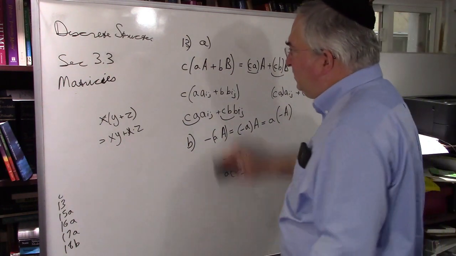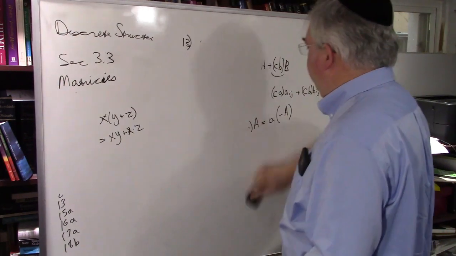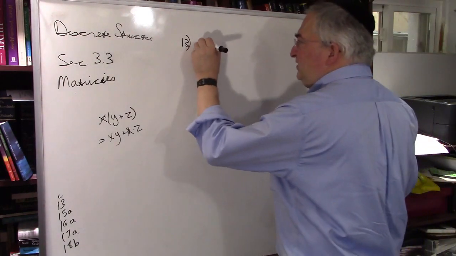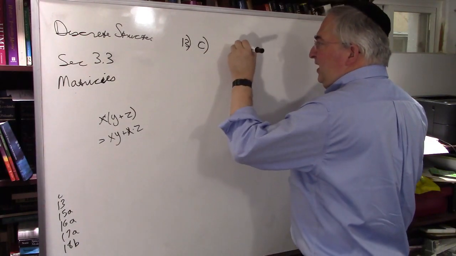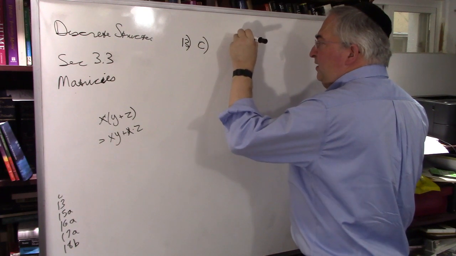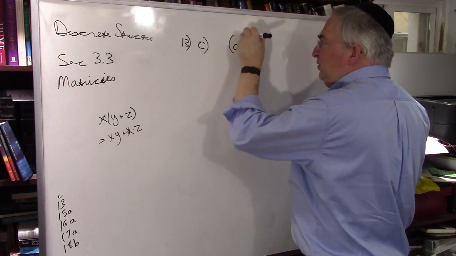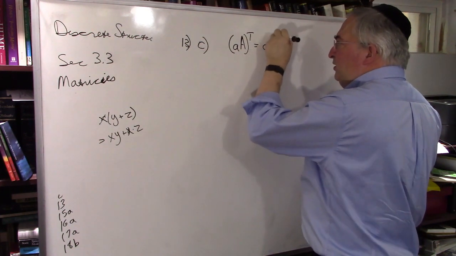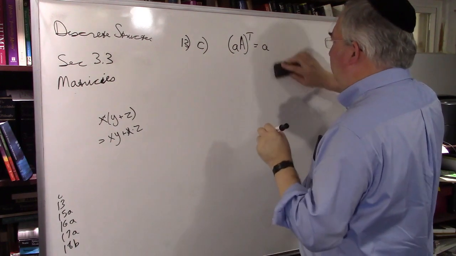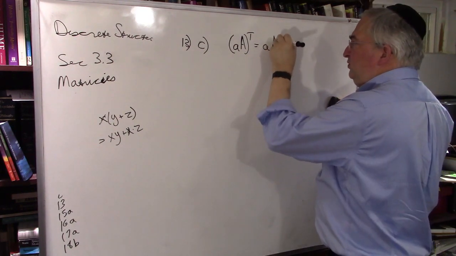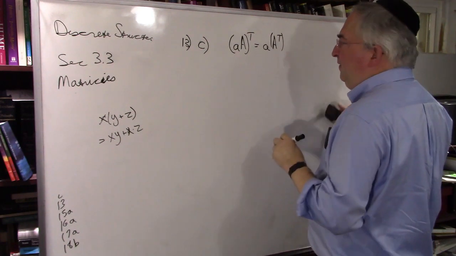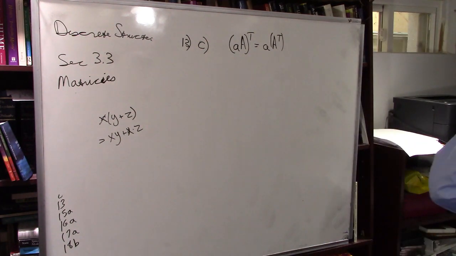Okay, next, part C is that a A transpose is equal to A transpose, A transpose like that. I think there's three ways of doing it.